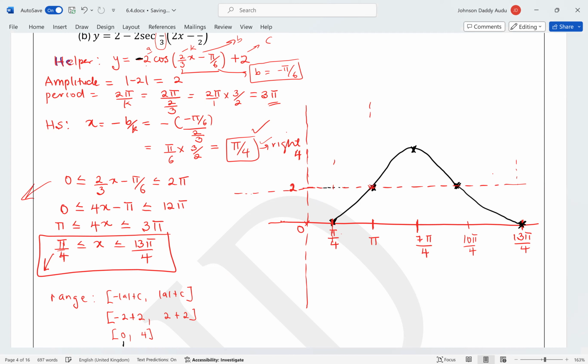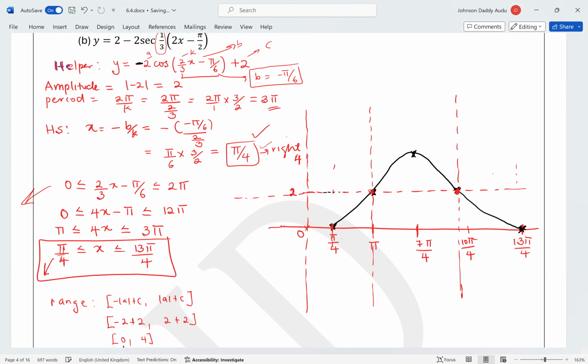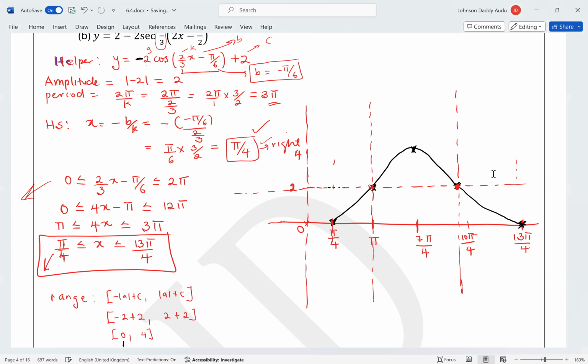So one of your vertical asymptotes will be at pi, and another one will be at 10 pi over 4. So these are our vertical asymptotes. We have only 2 vertical asymptotes here, which we are going to use.